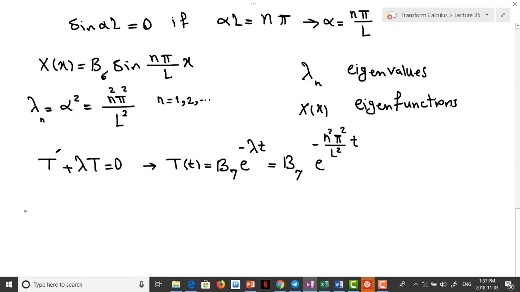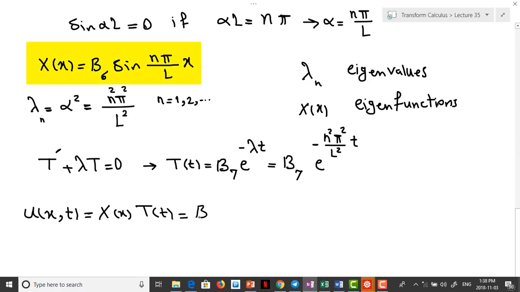And we said u of x and t is equal to X of x times T of t. X of x we found, it's equal to b6 sine n pi over L x.